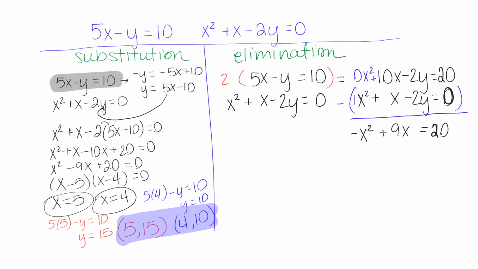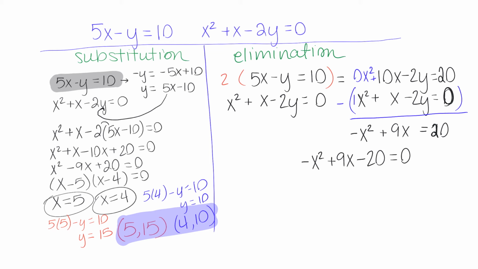Okay, remember what we just said. You can't factor a quadratic unless it equals 0. So that means I need this 20 to move over. So I'm going to do some rearranging here. Then I'm going to get negative x squared plus 9x minus 20 equals 0.